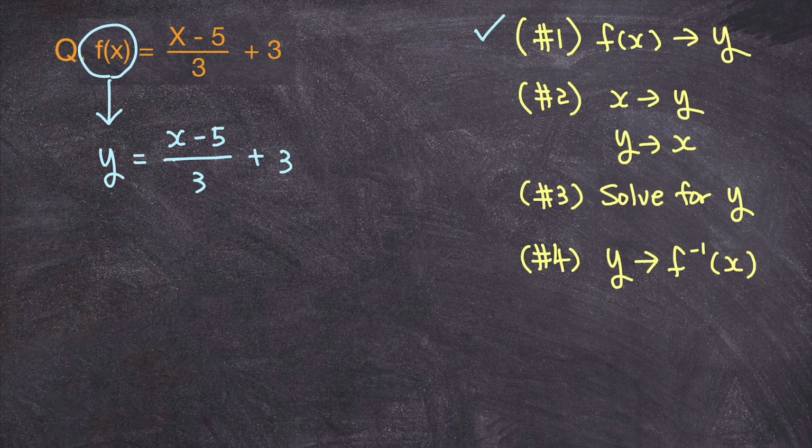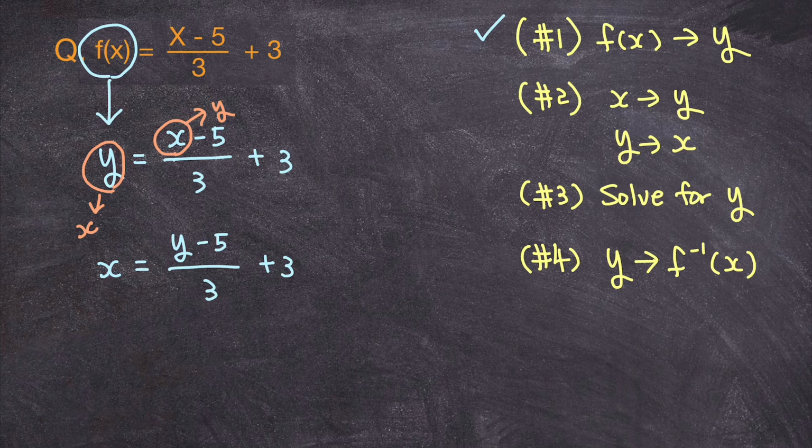So I'm going to take this y, turn it to x, and this x and turn it to y, and rewrite the whole thing with new letters. So that gives me x is equal to (y minus 5) over 3 plus 3. So that's the second step done. Now third step is to solve for y.